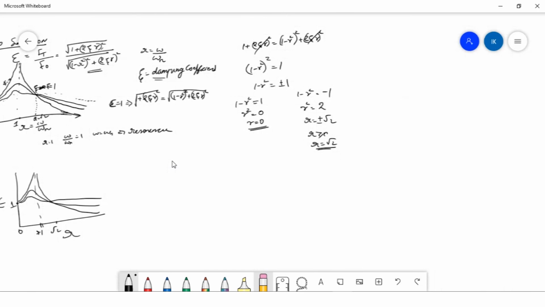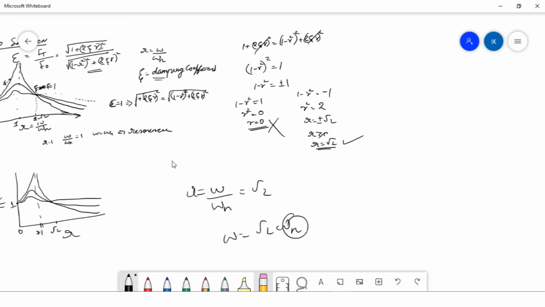So now you know the question. What is the question? We have to find an omega, other than 0, at which the transmissibility is 1. The question has told us that it's not this one, it's this one: r = √2. What is r? r = omega by omega n = √2. Therefore omega = √2 omega n.